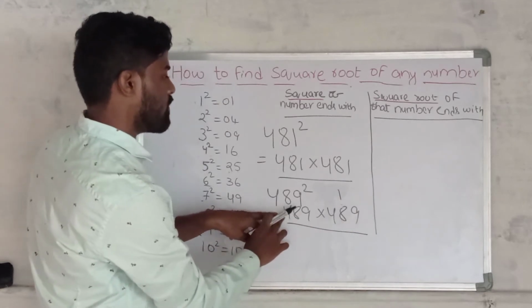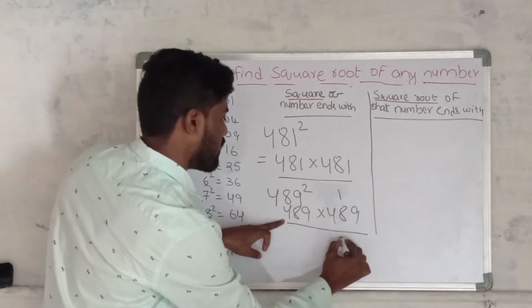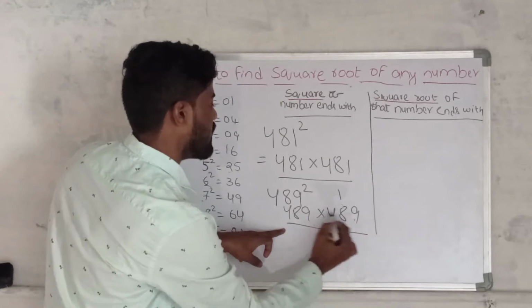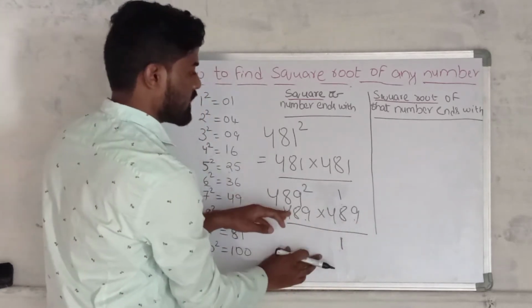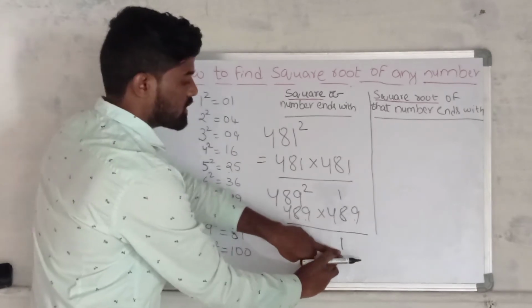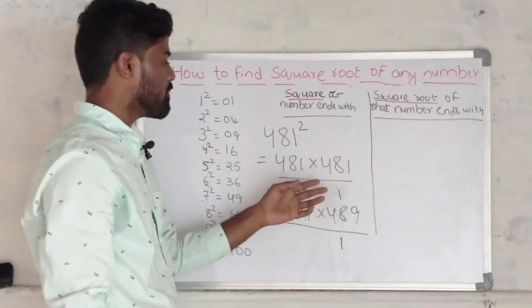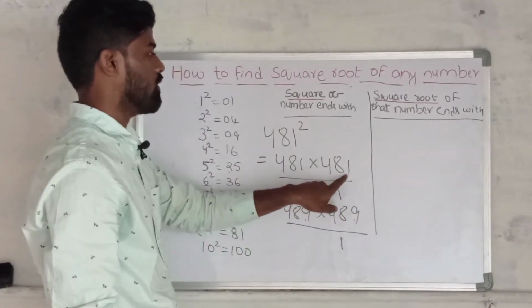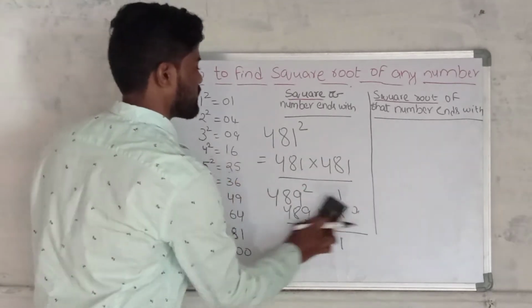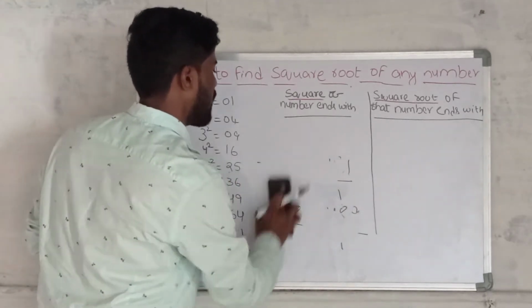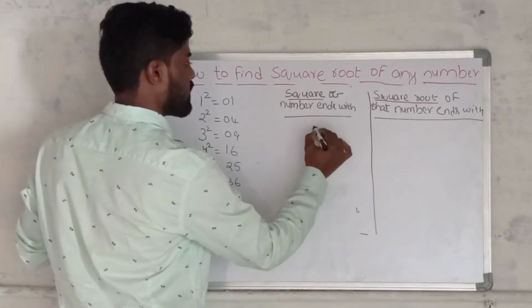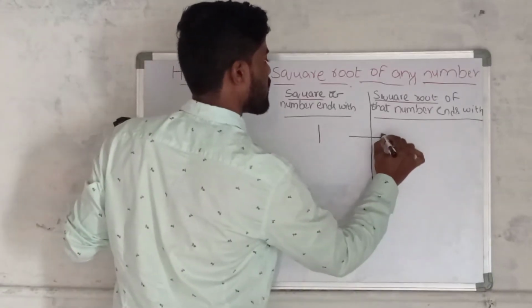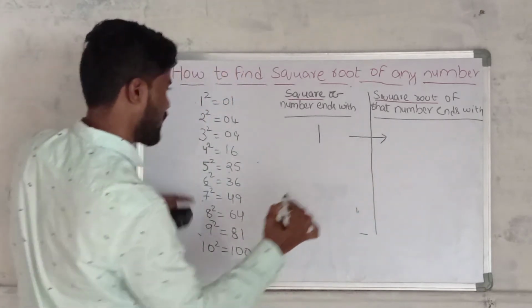The square of this number also ends with 1, since 9 into 9 is 81. From here we can say that if the square of a number ends with 1, the square root of that number ends with either 9 or 1.